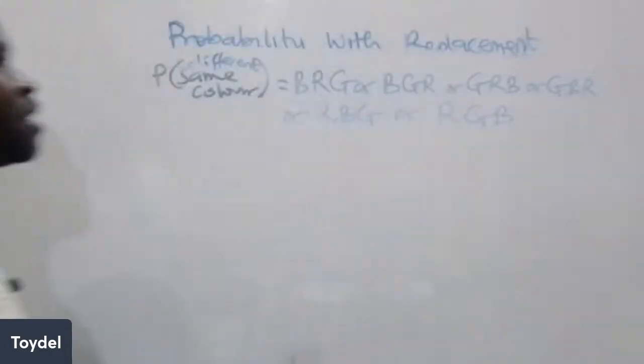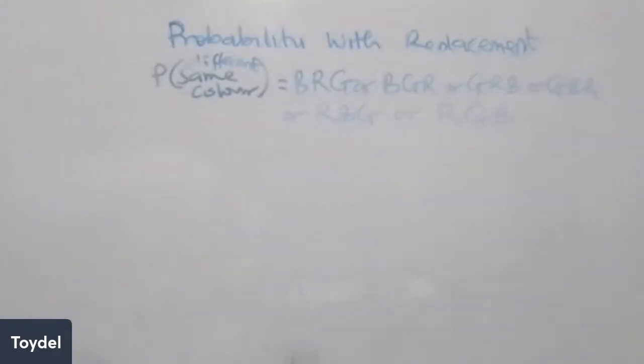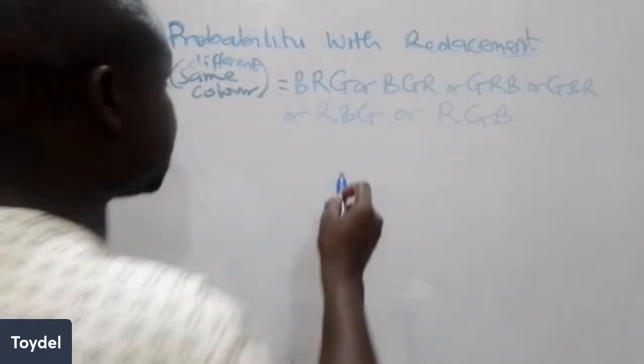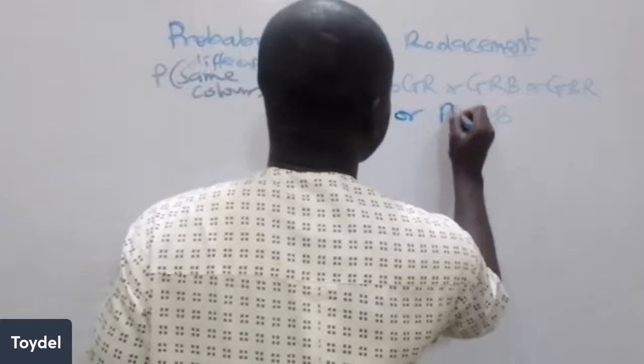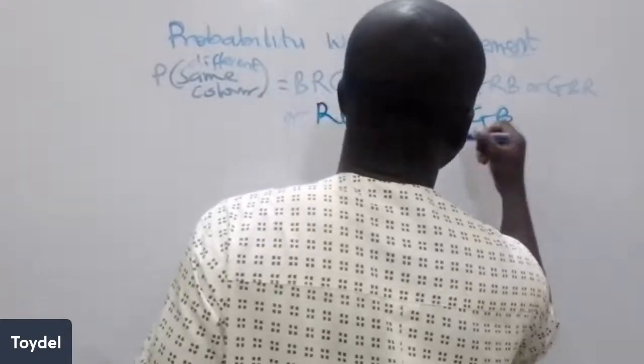These are the possibilities. But since we are dealing with probability with replacement, we can take any of these, because we are going to get the same probability each time, whatever we do. That's what I'm trying to say.